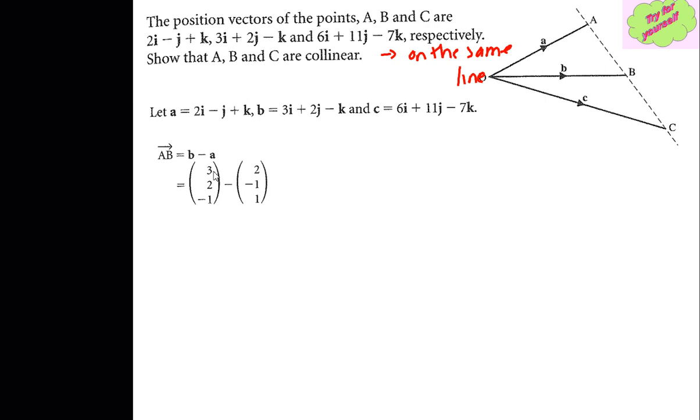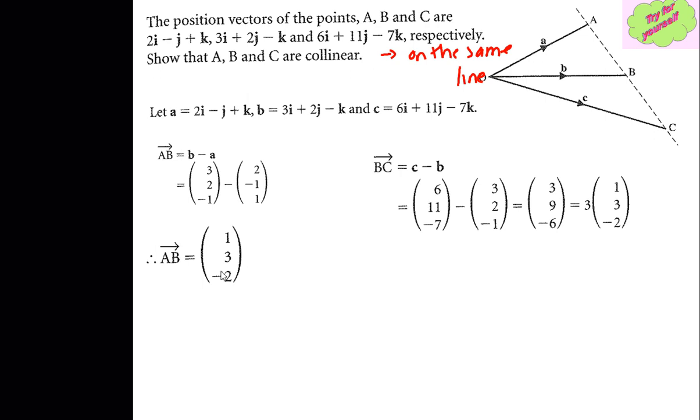B comes from 3, 2, 1. Minus A is 2, -1, 1. So when you subtract these, 3 minus 2, 2 minus minus 1, 1 minus 1, you get this. So we've worked out what AB is.